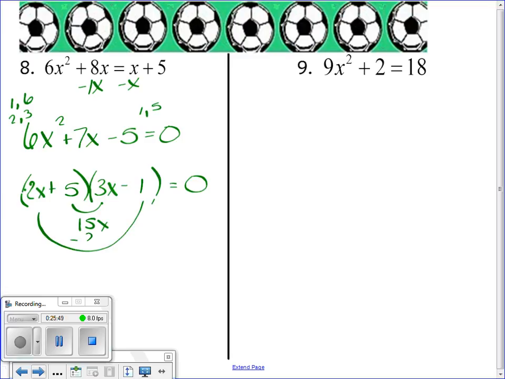That's 15x minus 2x. So we flip them. Whew, so many things to try. All right, so that gives me 3x minus 10x is negative 7x. Good? Now my signs are backwards.